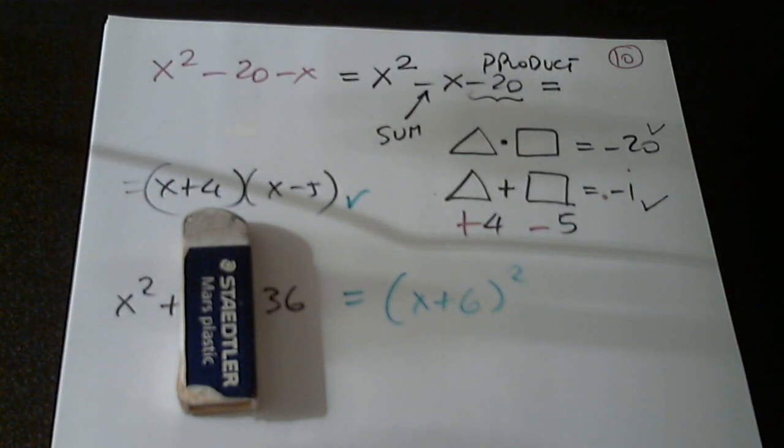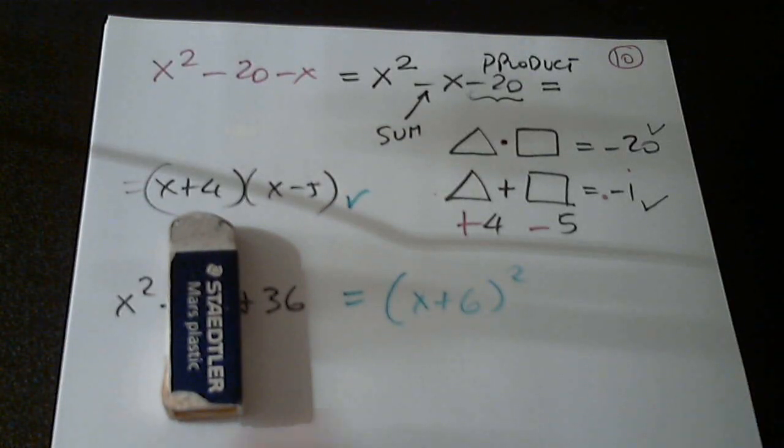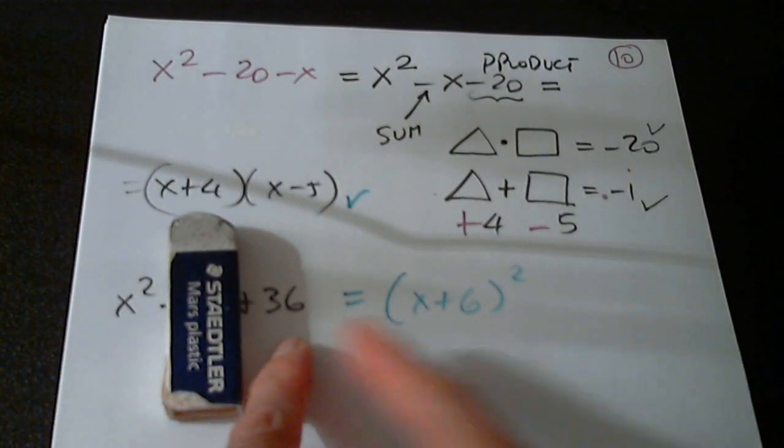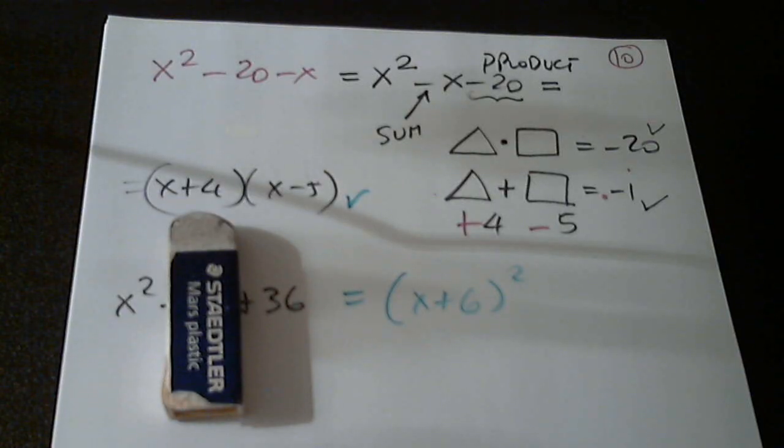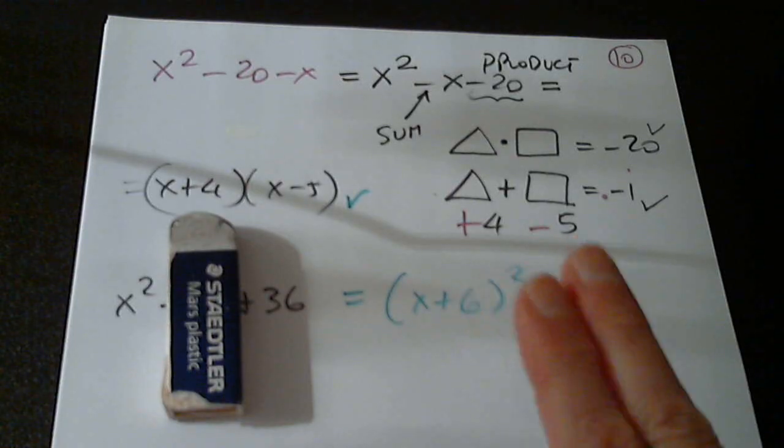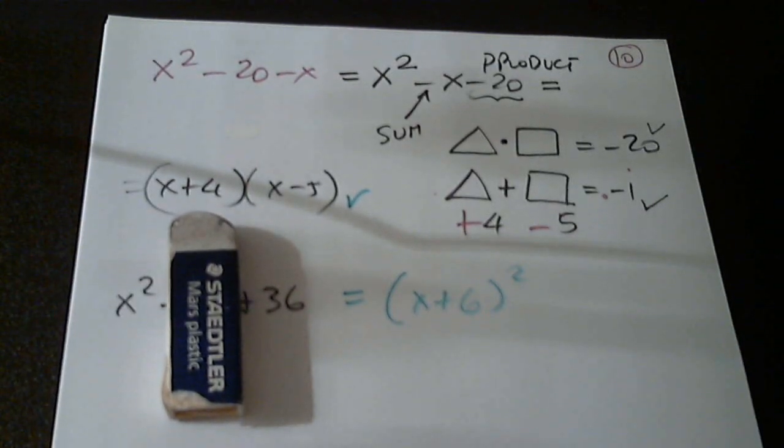But what about the middle term? I rushed and I said, oh, yeah, perfect. x squared is x squared. 6 squared is 36. Yes, I'm done. No. What is the middle term here? 2 times the first times the second.